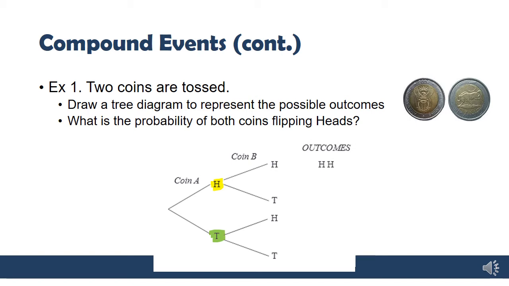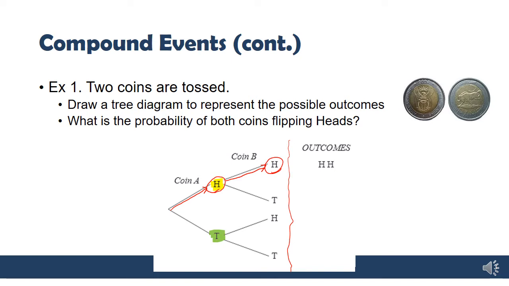So I even like to sometimes draw a little line here so that I can separate all the different outcomes. So what I've done, this first outcome says HH. So I follow along this line. I have H and H, and so this first outcome is heads, heads.